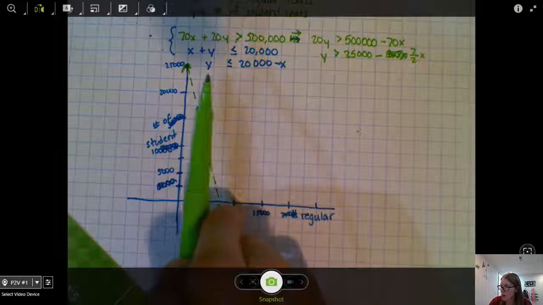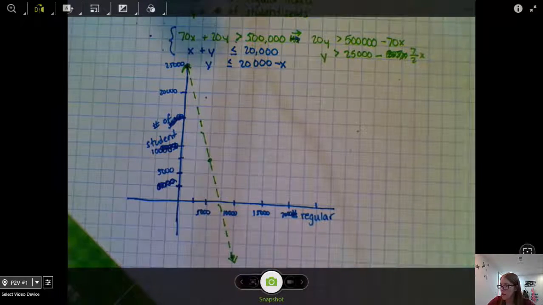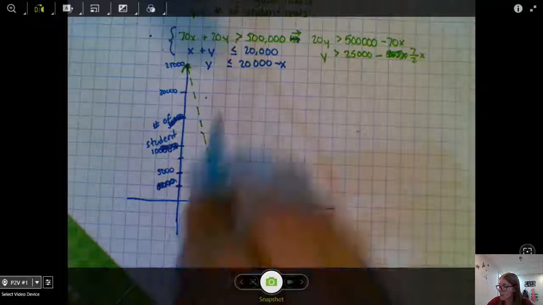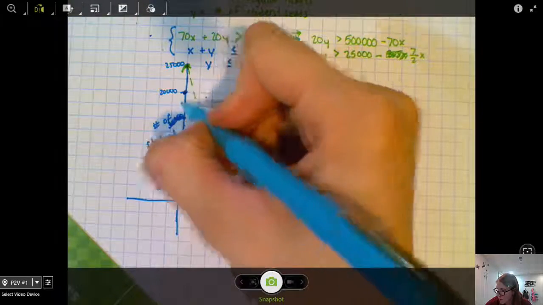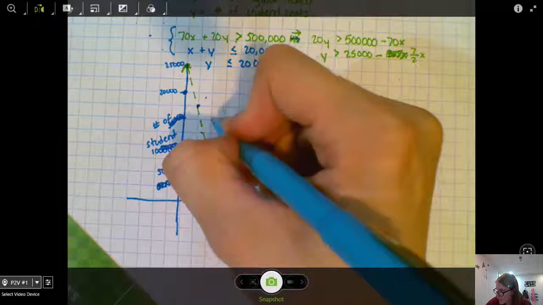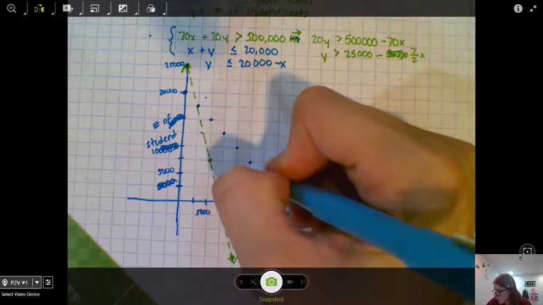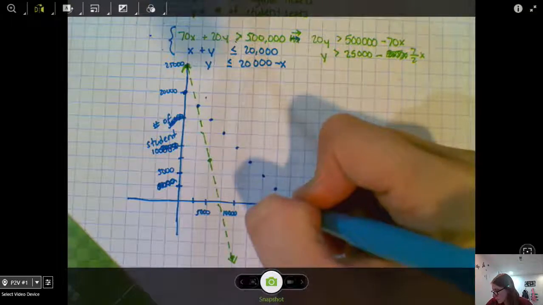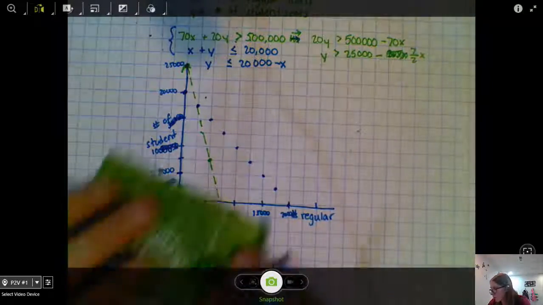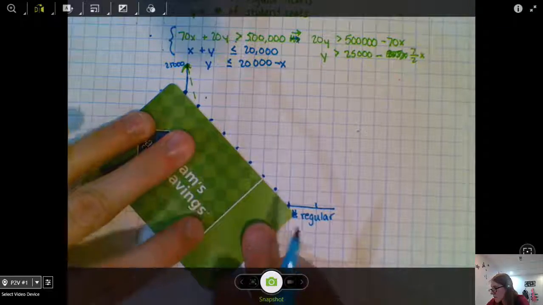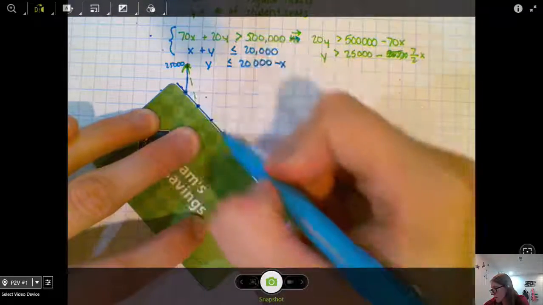And then our second inequality, y is less than or equal to 20,000 minus x. 20,000 is our y-intercept. Negative 1 is my slope. And solid here.